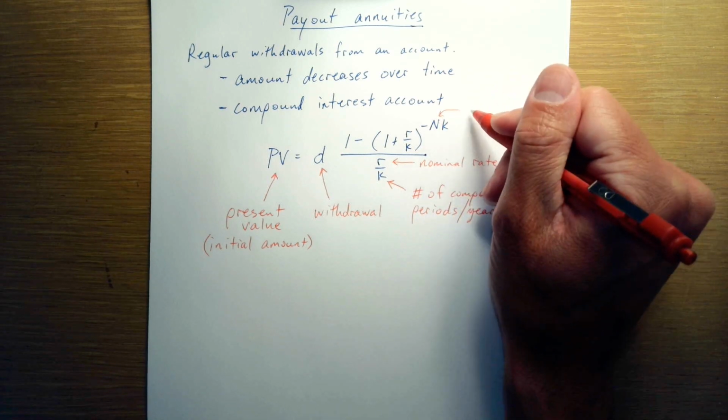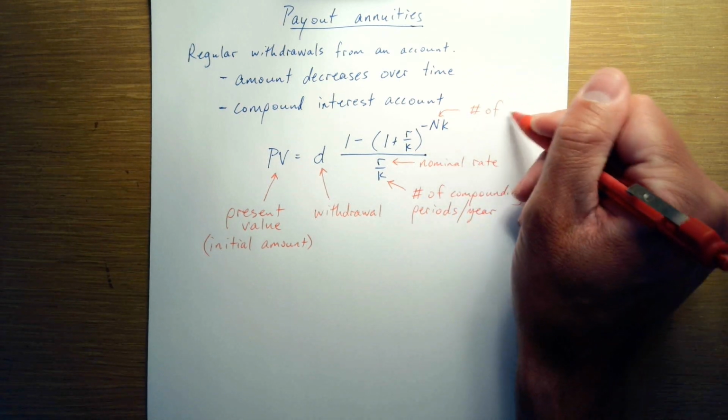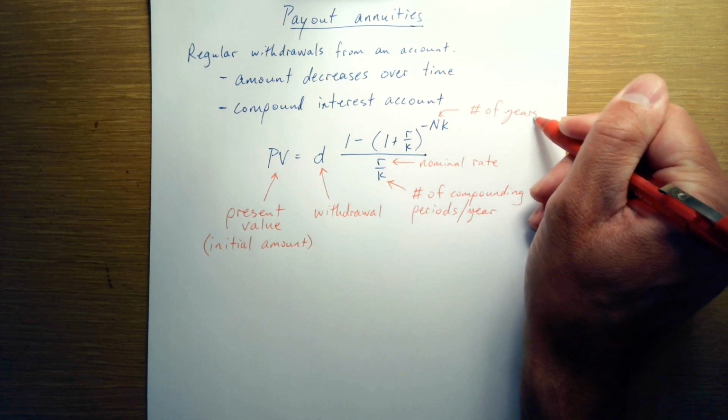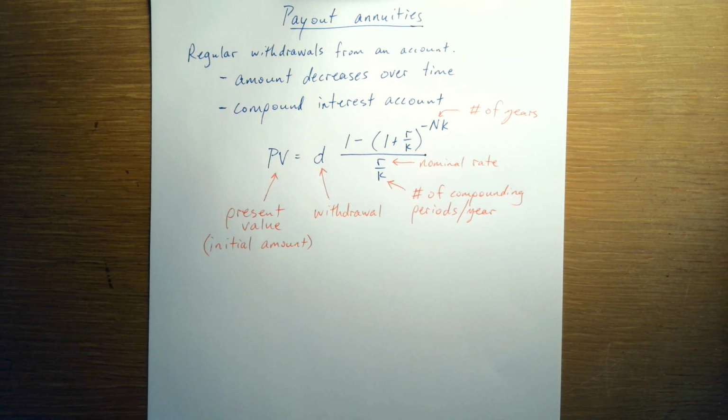And N is the number of years. So again, just like in annuities, year is the basic time interval. So we'll take a look at a couple of examples of how to use this formula. And the actual algebra is going to look a lot like the algebra in the annuity formula.